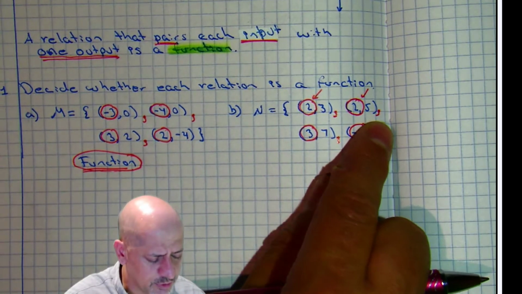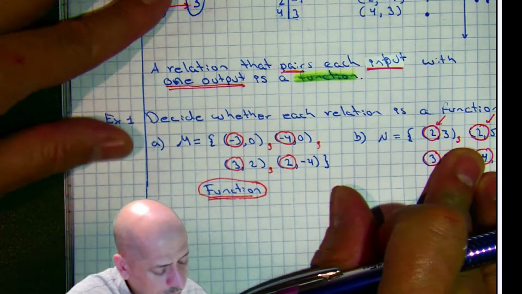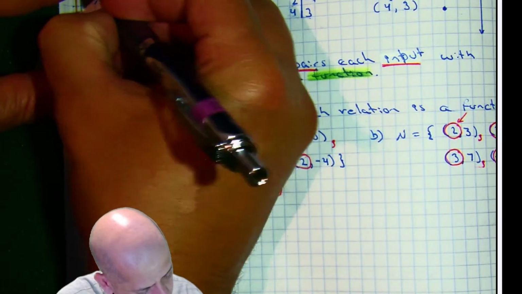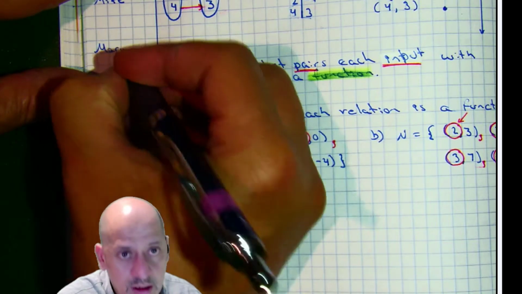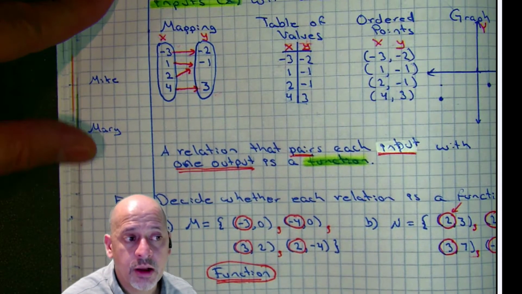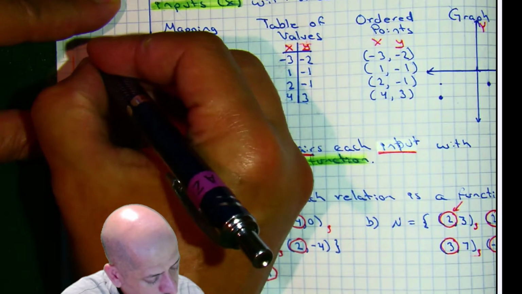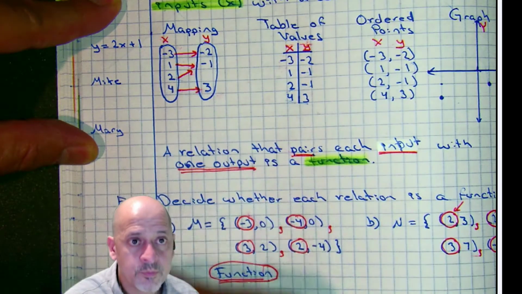So let's go through an example. Let's say that we have Mike and Mary. And their teachers gave them a problem. They gave them the equation y equals 2x plus 1.